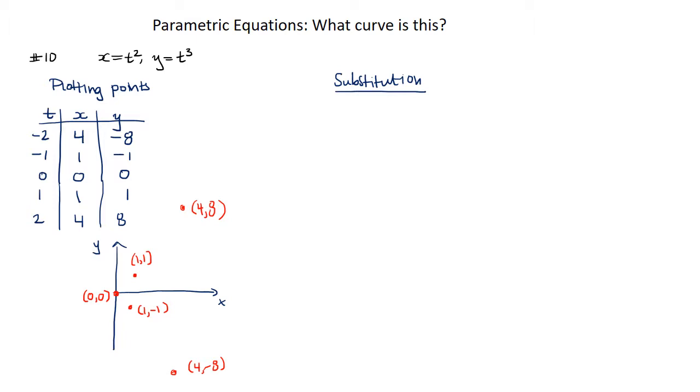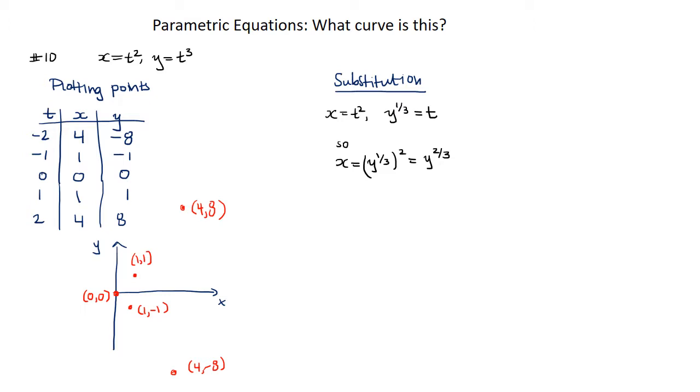Okay, so for instance, one thing we might do is we could get rid of it by saying, well, x is equal to t squared, and y to the 1/3 is equal to t. Okay, so that means that x is equal to y to the 1/3 squared, or y to the 2/3.